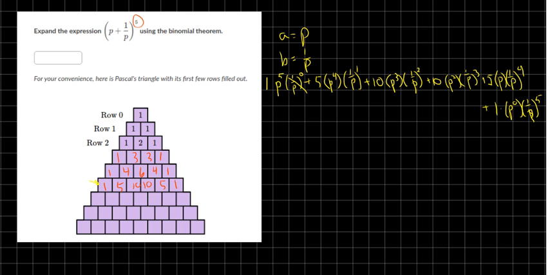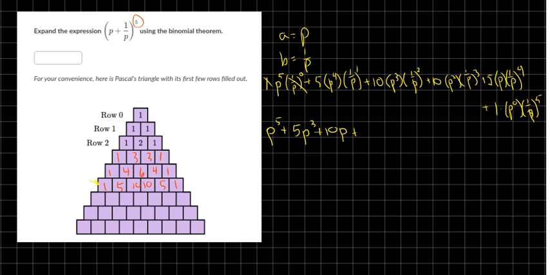Alright, let's simplify this. Well, this is going to be 1 and that's going to be 1. So my first term is P to the 5th. Next I've got 5 times P to the 4th divided by P. So that's 5P to the 3rd power plus 10. This is P to the 3rd power divided by P to the 2nd power. So 10P.